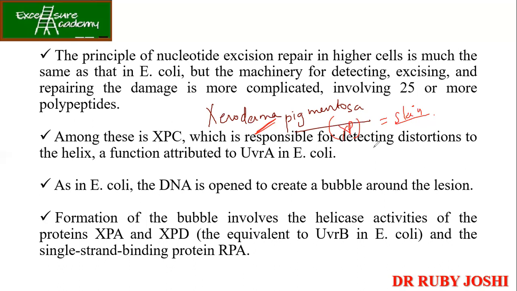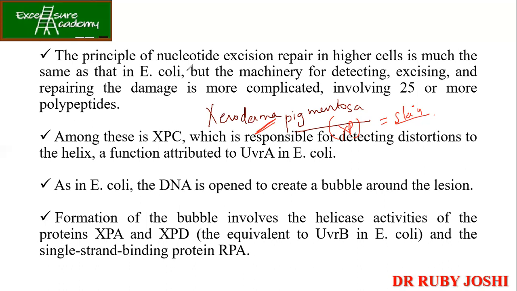They are so sensitive to the minute fraction of UV light which is present in the sunlight. When they go out in the sunlight their skin starts burning and black patches appear, and these people are very much prone to skin cancer, to develop skin cancers. Okay, so these people cannot go in the sunlight. Okay, clear? Yes, ma'am.